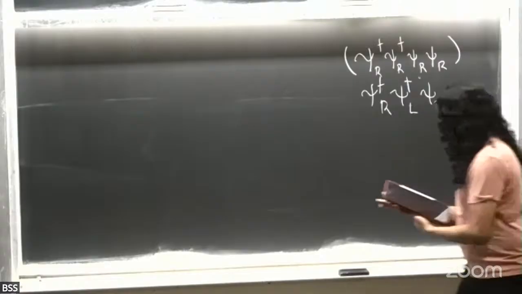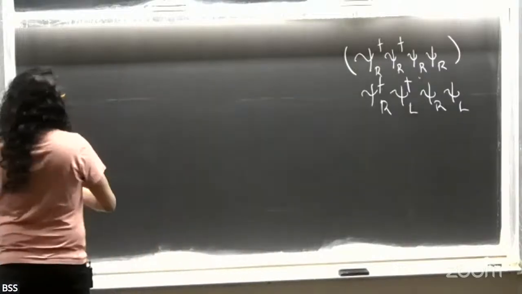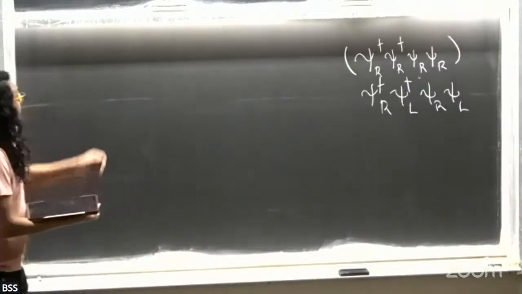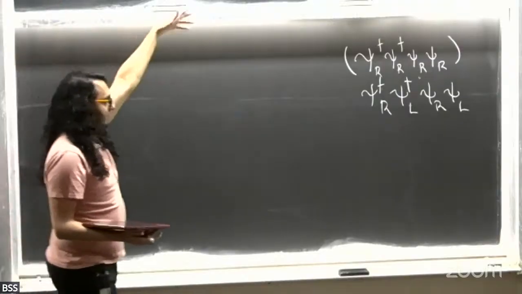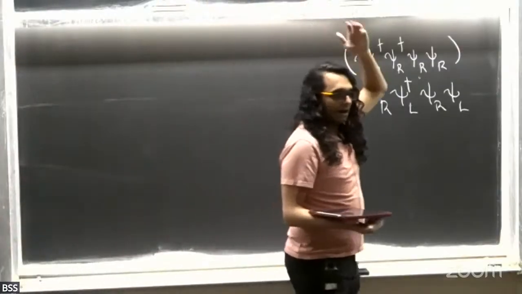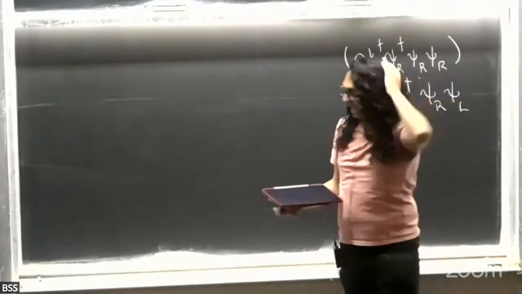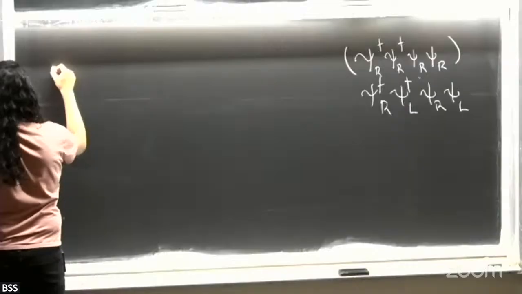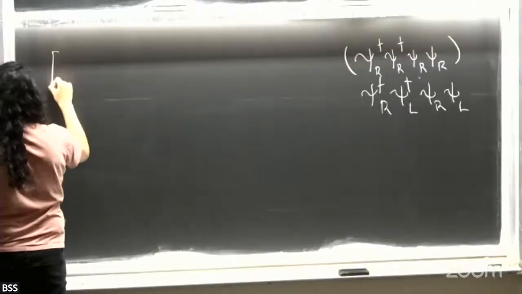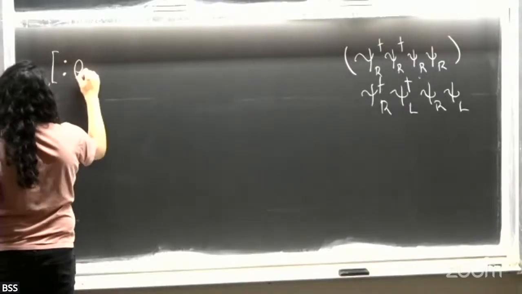So the way you do the bosonization, so this Hamiltonian here is in terms of fermionic observables. Interactions are uncontrolled. You can't do a perturbative expansion, so you want to deal with it by bosonization. And the way you do that is you write down the algebra of commuting operators.